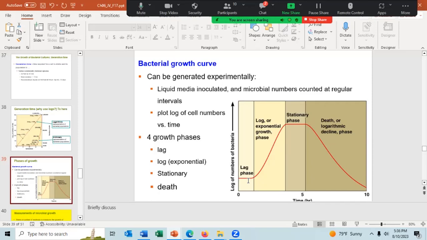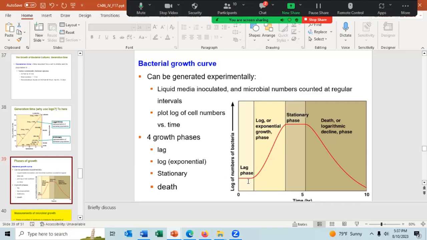What the bacteria are doing here is getting their enzymes ready to grow in the new media. So they are metabolically active, but they are not ready to grow in the new media because they don't have the enzymes for growing in it. And like I said, they were in a solid media and we moved them into a liquid media, and that's why there's a lag phase.